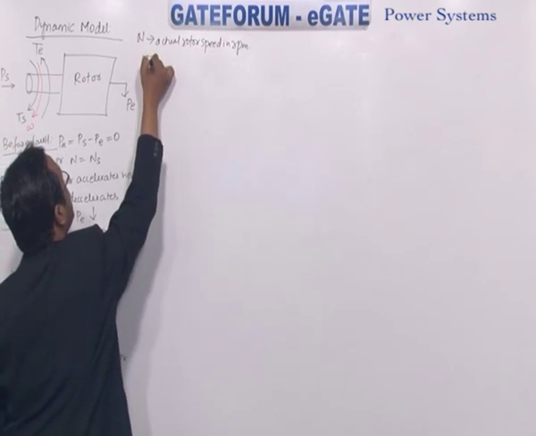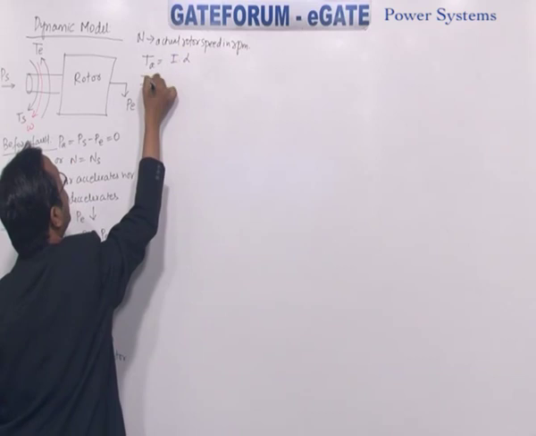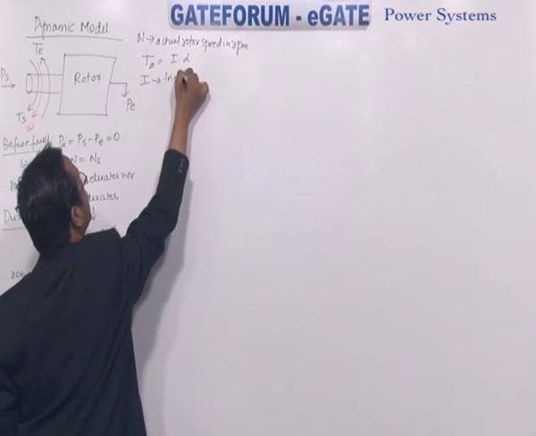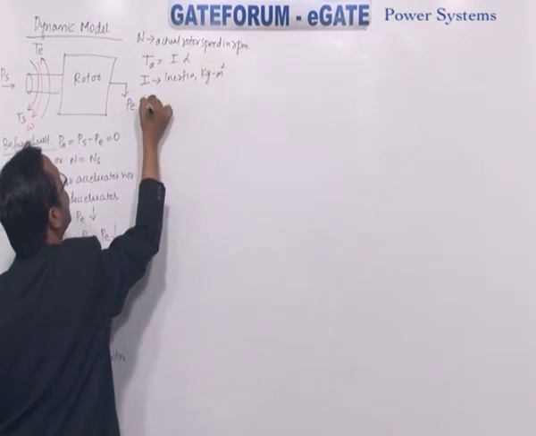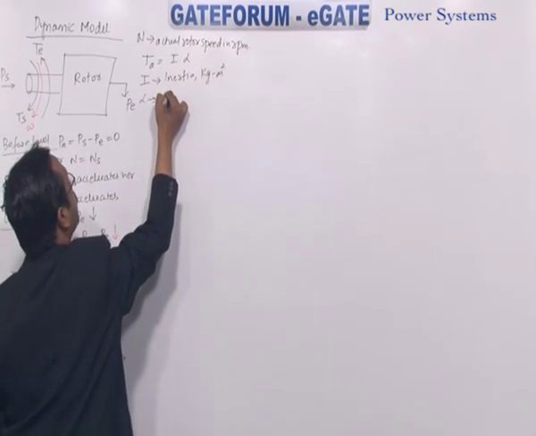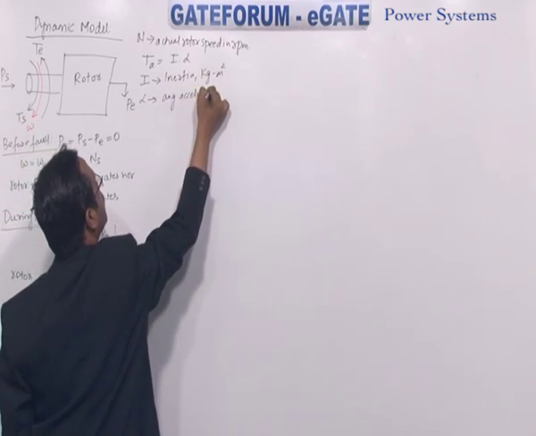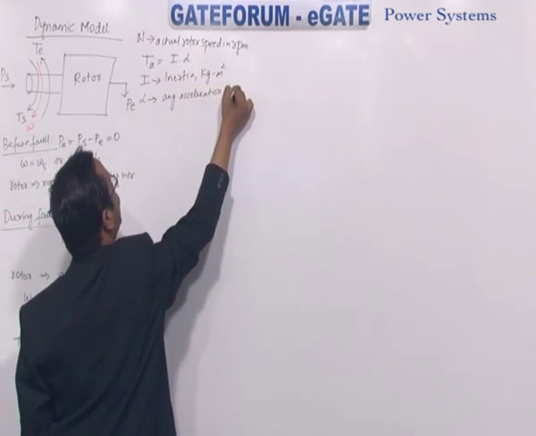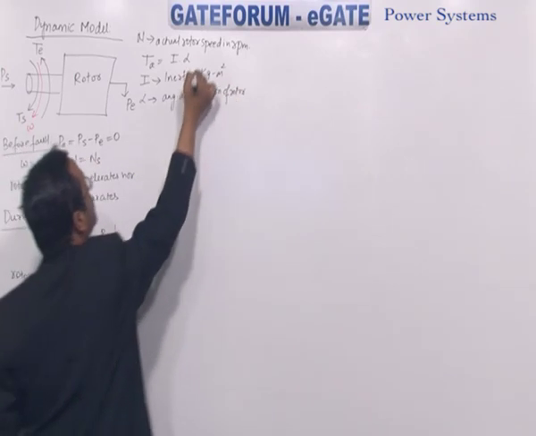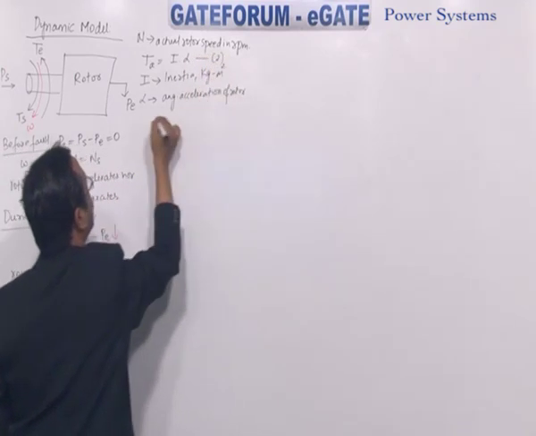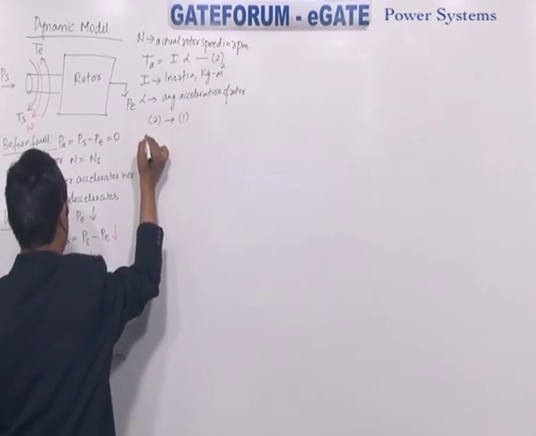But how to write the accelerating torque? It is I into alpha. What is I? It is the inertia expressed in kg meters square. What is alpha? Angular acceleration of rotor. So you substitute this 2 in 1. So what is this PA now?